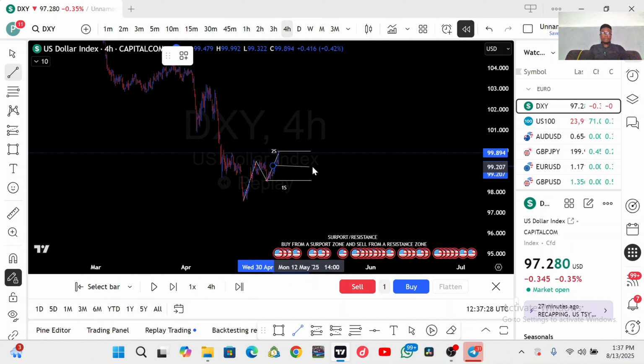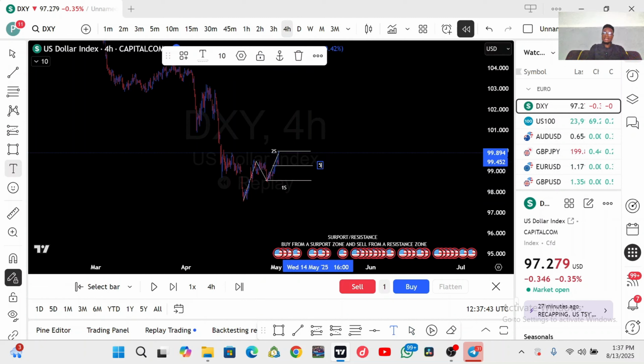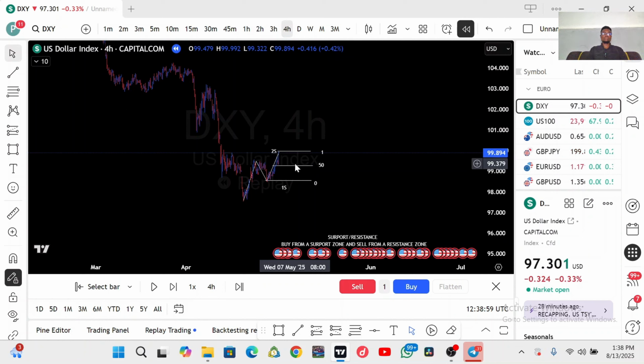If I am correct, this is actually the center between this and this. Now, this is our 50% level, and if you're used to your Fibonacci, your 0.5 level is always like that. This should be 0 and this should be what? 1. Very simple.